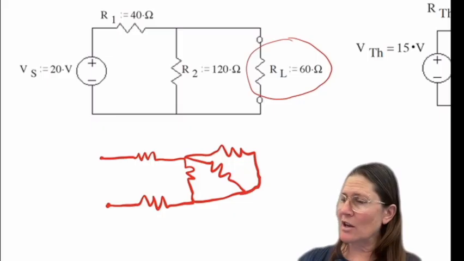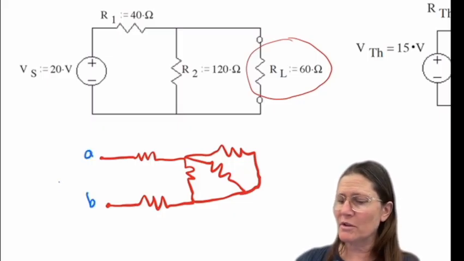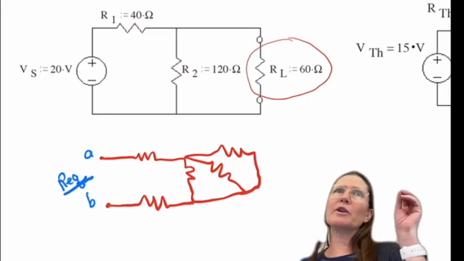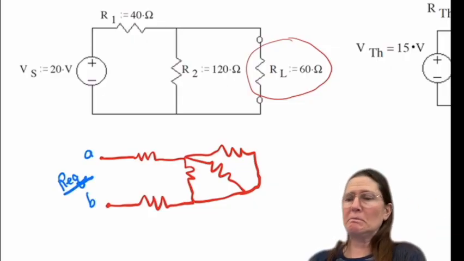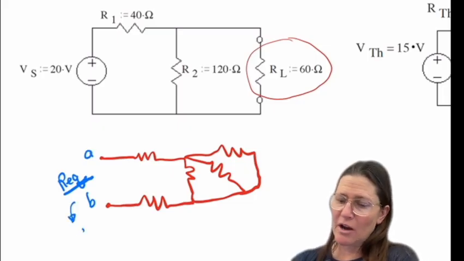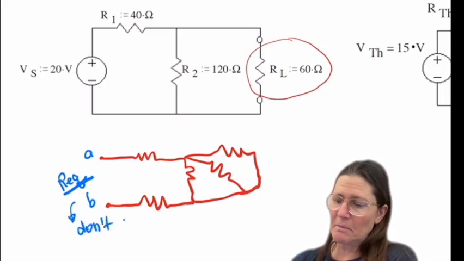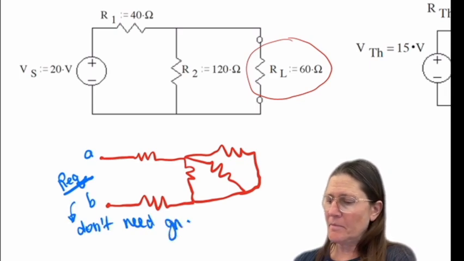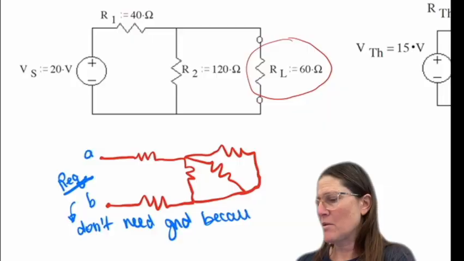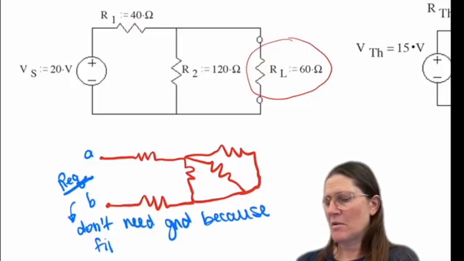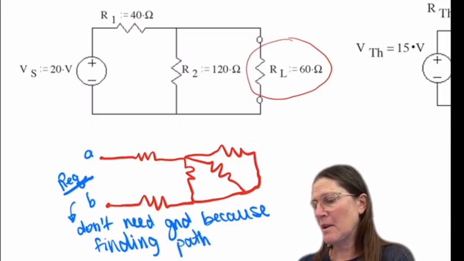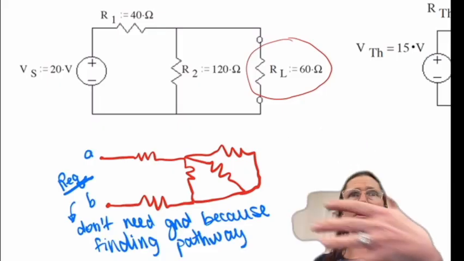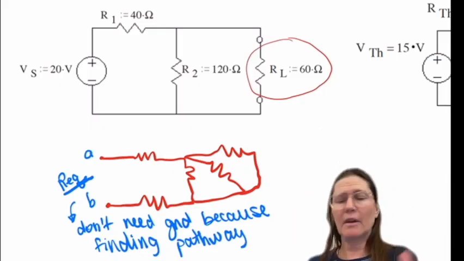And the answer is that for equivalent resistances, we are looking for a pathway between A and B. So ground doesn't matter in that case. You don't need ground, because your pathway is from A to B. So even if there's a ground in there, you're just going to go right by it to get to B.